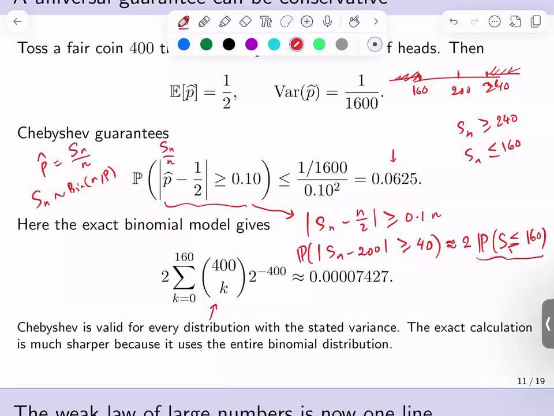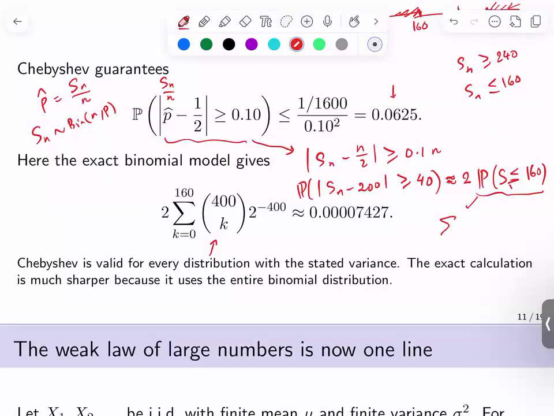And then this one is really a summation from 0 to 160 of the binomial distribution, right? This is the probability that Sn is k, which is n choose k times p to the k times 1 minus p to the n minus k.